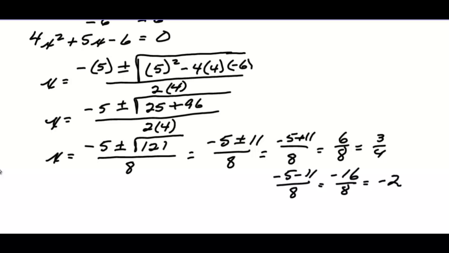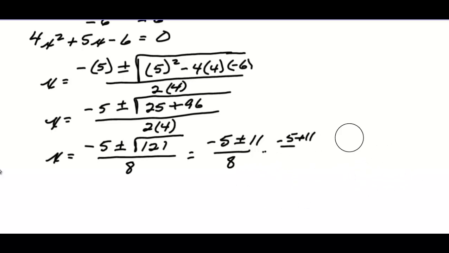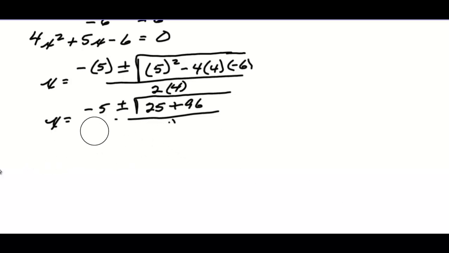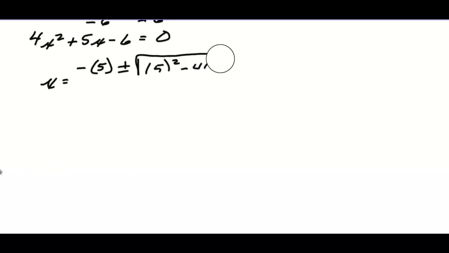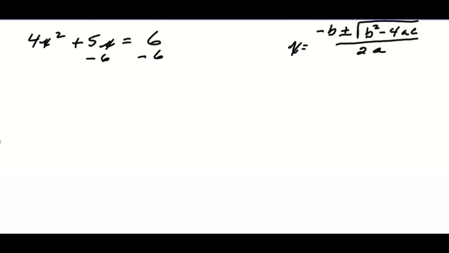Now let's take a look at number 14. The reason I'm choosing number 14 is because in our answer, one of those, if not both, will be a radical. And that being the case, you will find that some of your answers will not come out even.